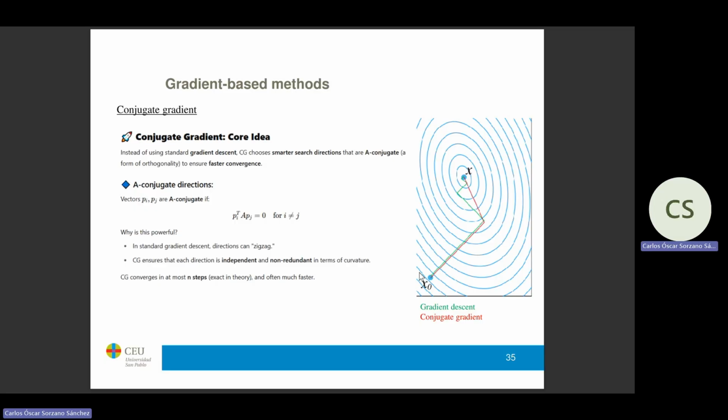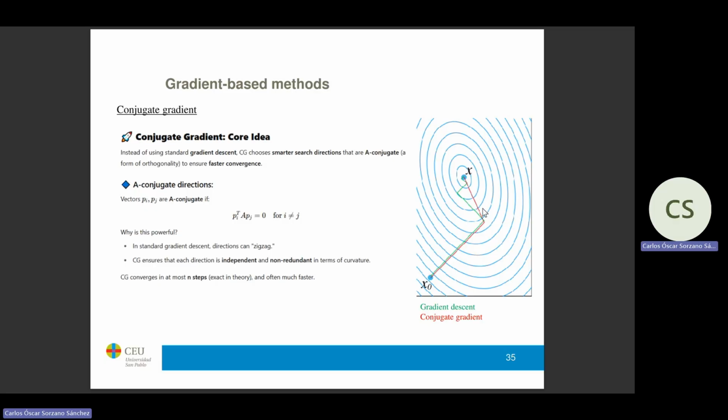The idea is that you look for some direction, and then the next one is not orthogonal to that. In gradient descent, by definition, this one has to be orthogonal to the previous one. But this one doesn't need to be orthogonal, but A conjugate.